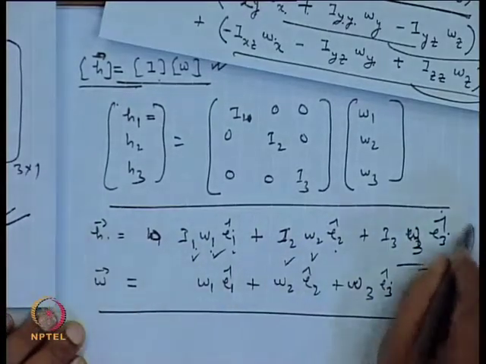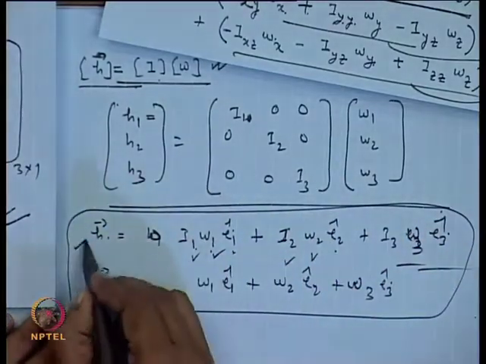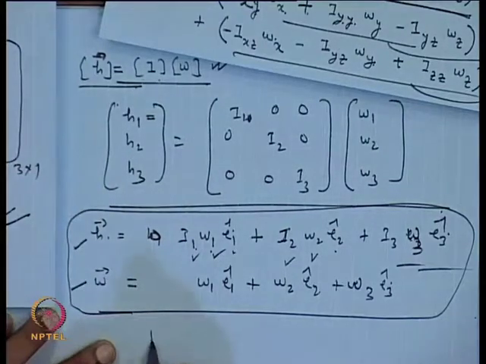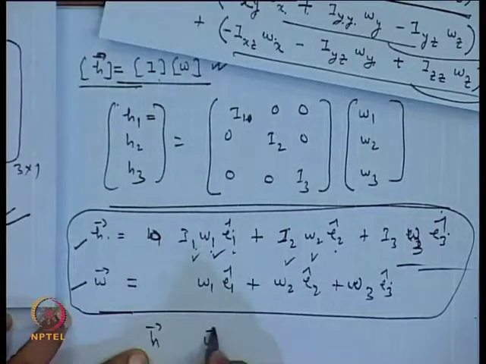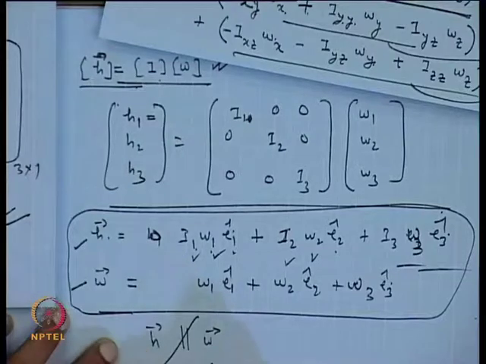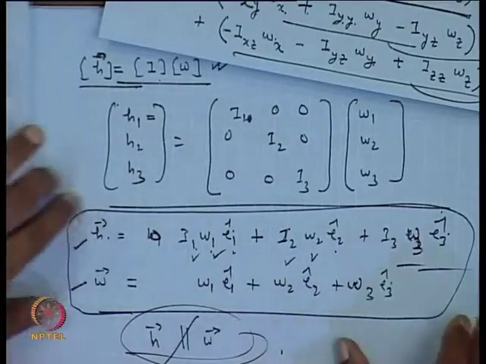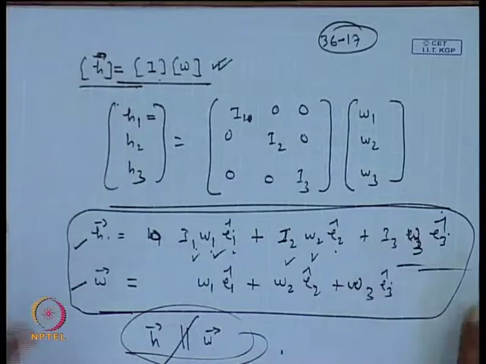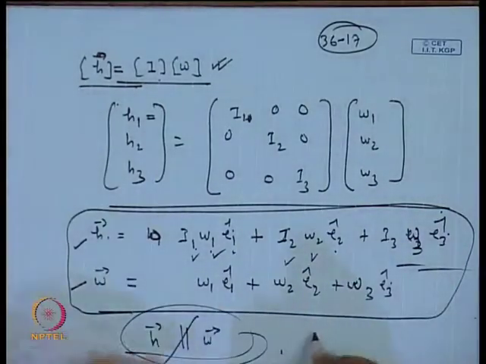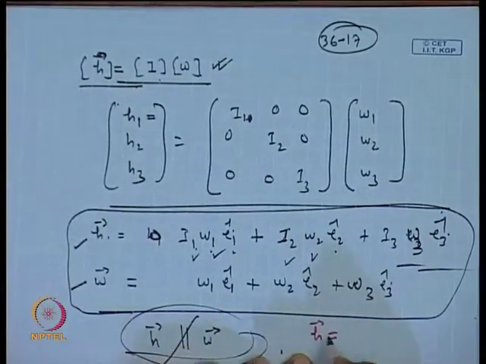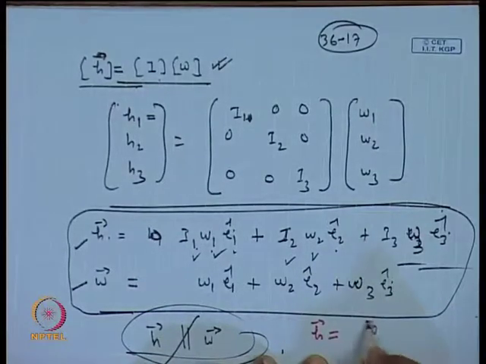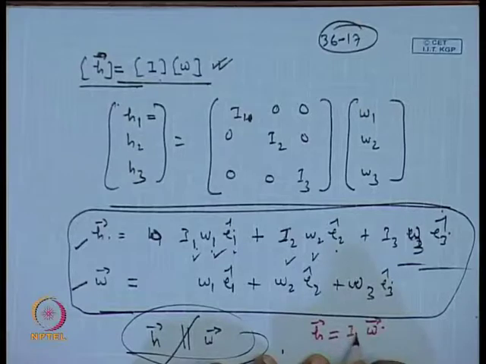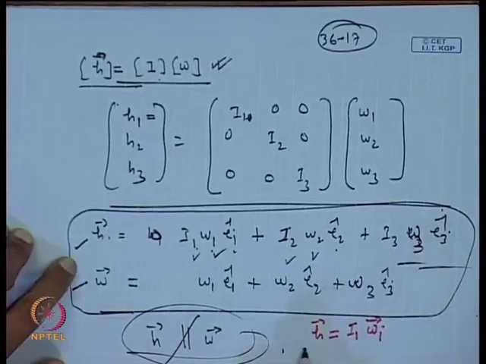So, from here it is very clear that the H vector and the omega vector are not parallel. For them to be parallel, the condition is that you can write H equal to I 1 times omega 1.